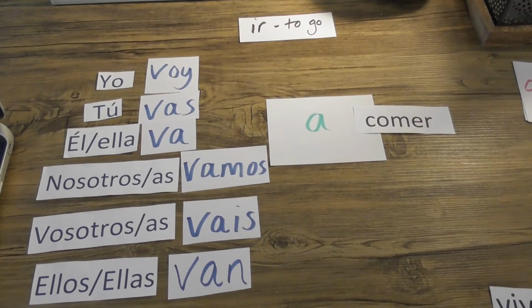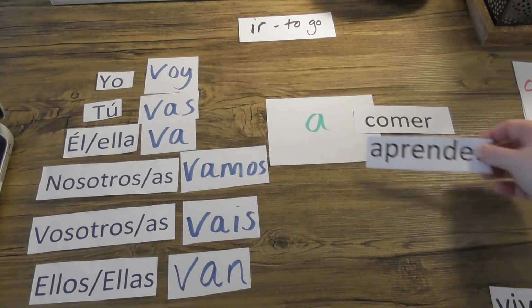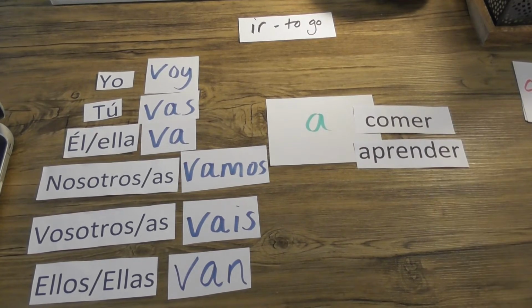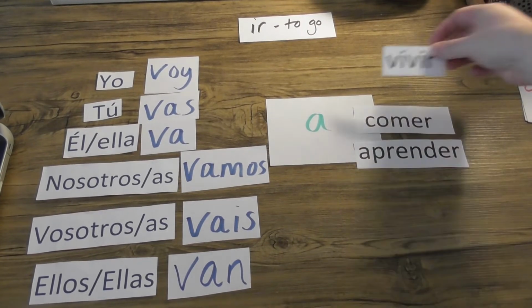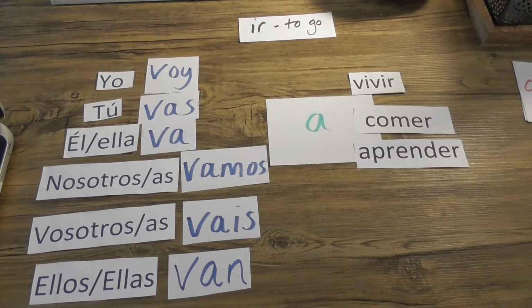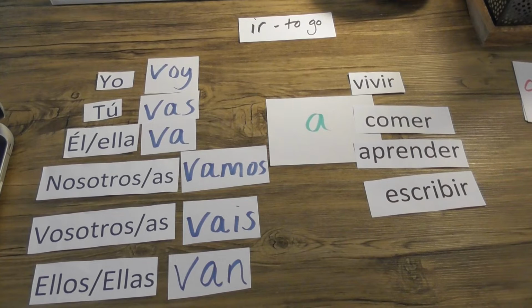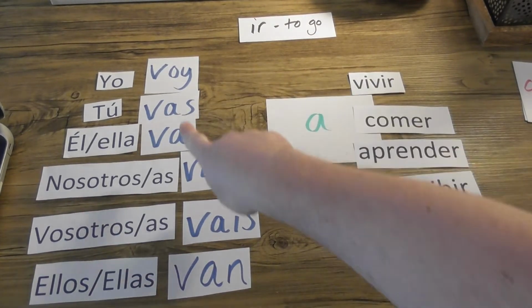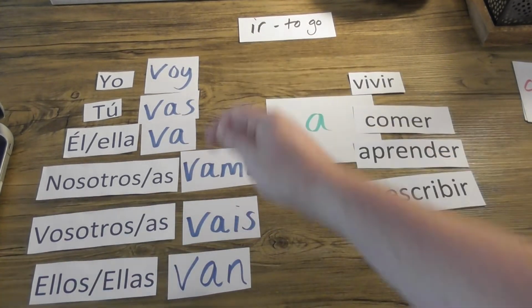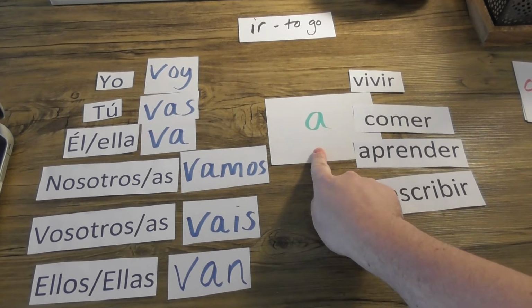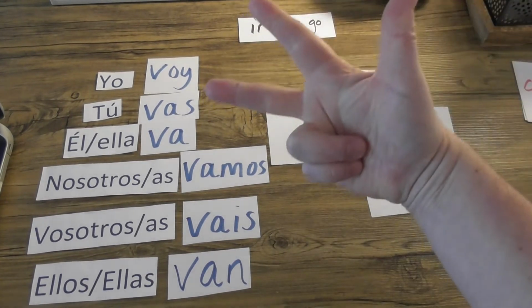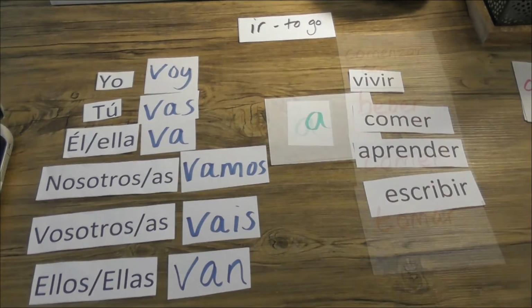I'm going to learn, voy a aprender. I'm going to live, voy a vivir. I'm going to write, voy a escribir. Okay, so conjugation of the verb ir, I'm going, you are going, the letter a, and your infinitive. 3 steps to form the future.